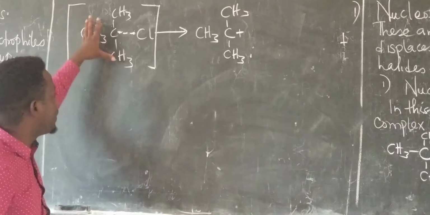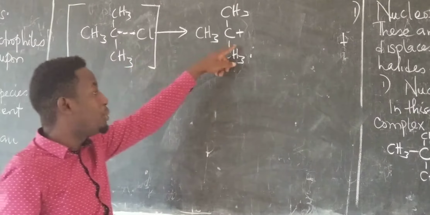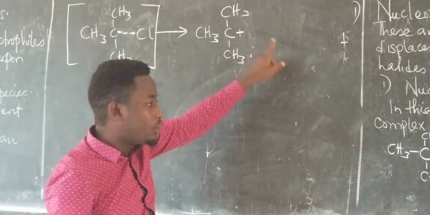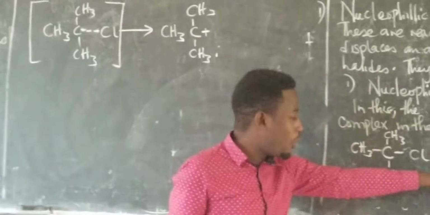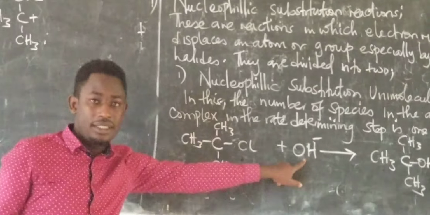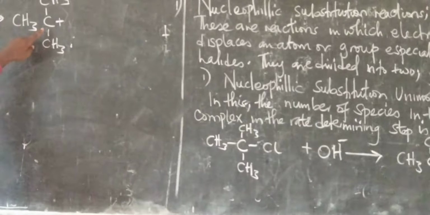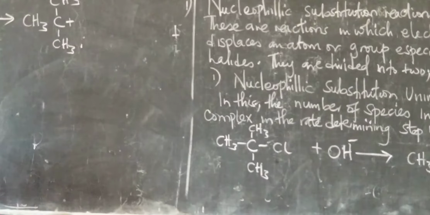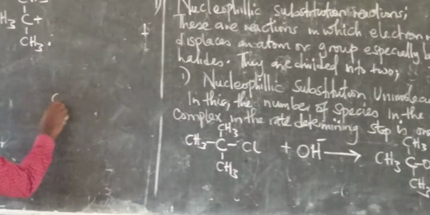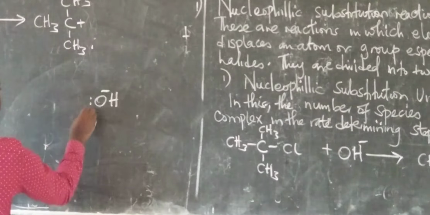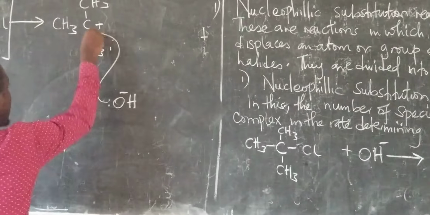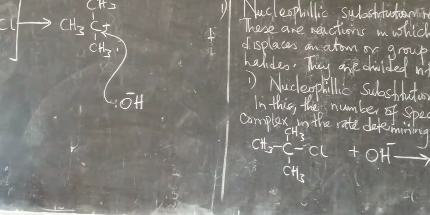It's just this species that is being broken, leading to the formation of a carbocation. So the OH that wants to displace the chloride is going to come to attack this compound. In that case, we're going to have OH, with a negative charge, and it has one pair. So this OH is attacking that carbon, right?